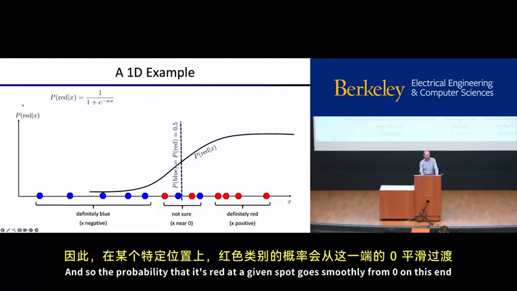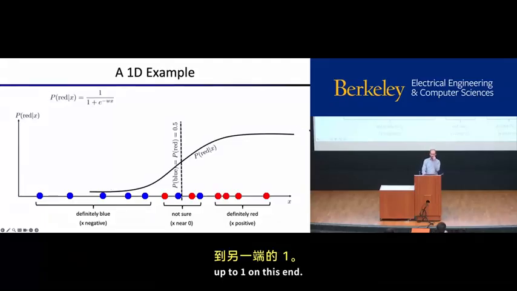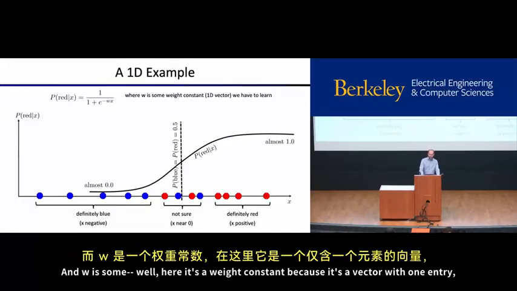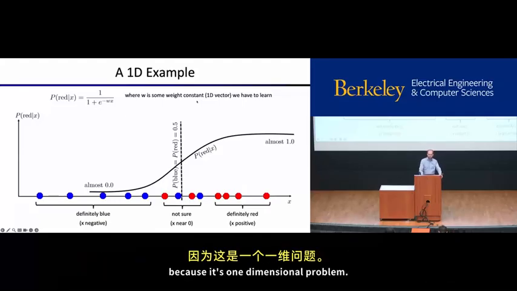And so the probability that it's red at a given spot goes smoothly from 0 on this end up to 1 on this end. So here it's almost 0, there it's almost 1. And w here is a weight constant because it's a vector with one entry, because it's a one-dimensional problem.